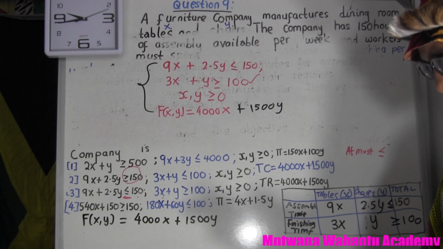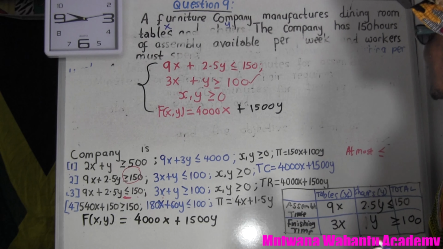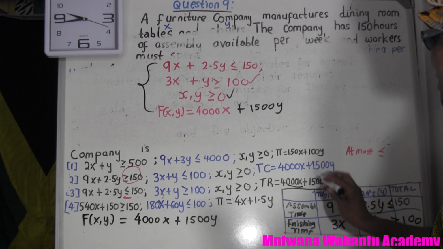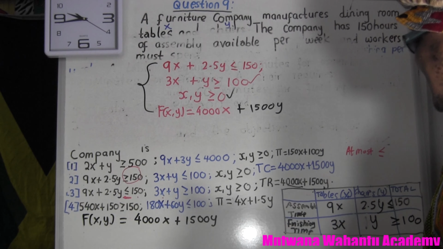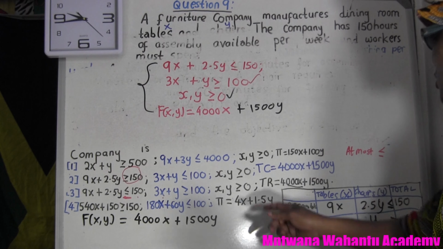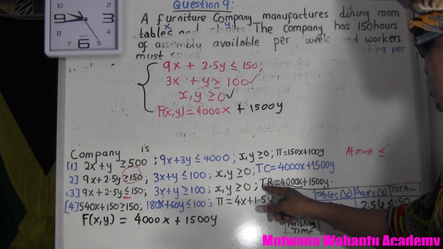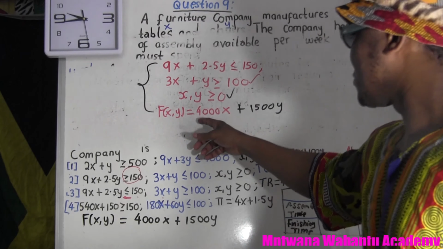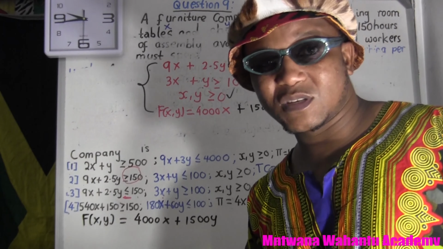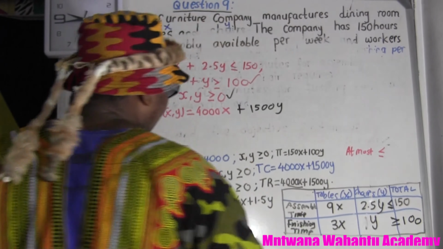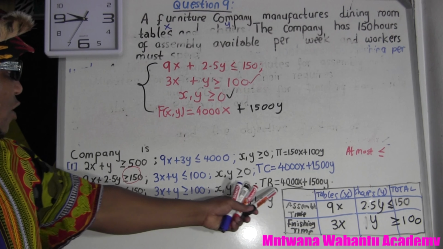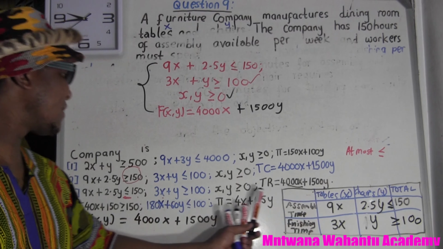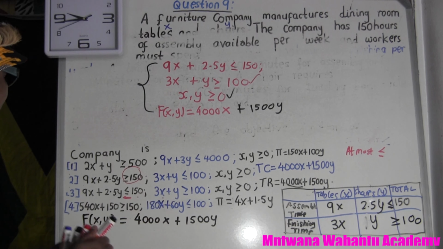Yes. Then x and y greater than or equal to 0. Yes. 4,000 plus 1,500. So option number 3. It doesn't matter whether you write the objective function as f or f(x, y), either of the two, but I use this most of the time. Because it's multiple choice, my final answer is option number 3.